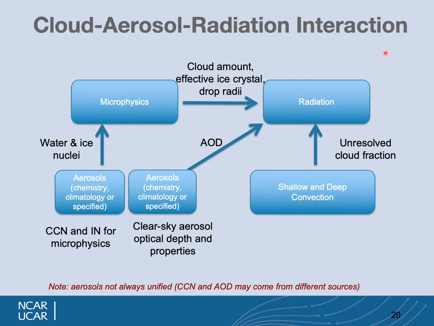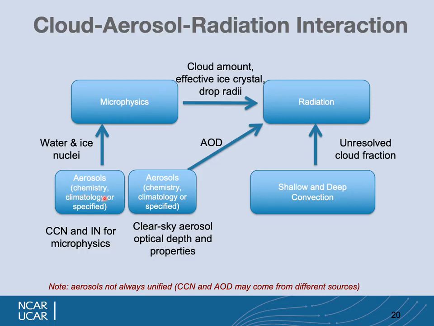This diagram summarizes the cloud-aerosol-radiation interaction. The microphysics passes the cloud amount and the radii to the radiation, which allows the radiation to produce the effect of those clouds more accurately.